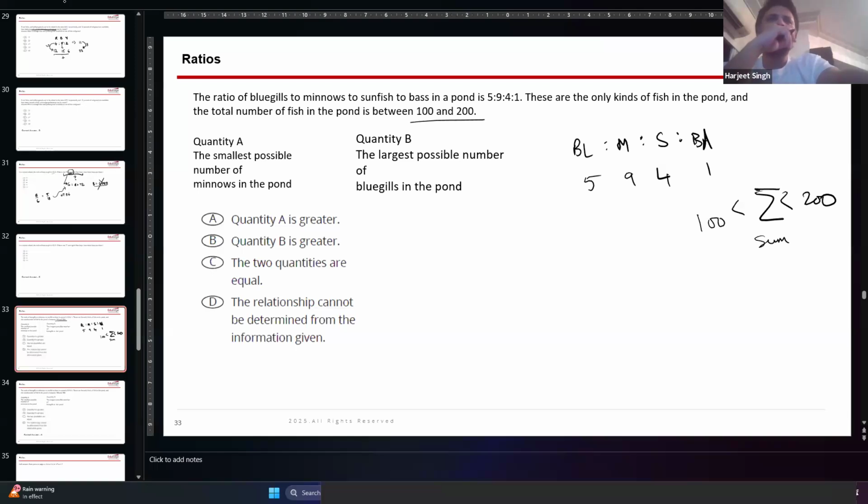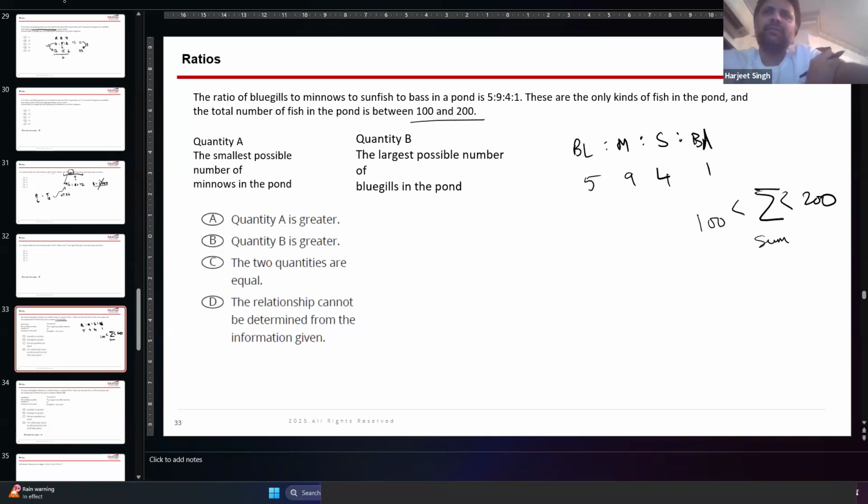So now they're asking which of these quantities is higher: the smallest number of minnows in the pond, or the largest number of bluegills in the pond. So what do you think?